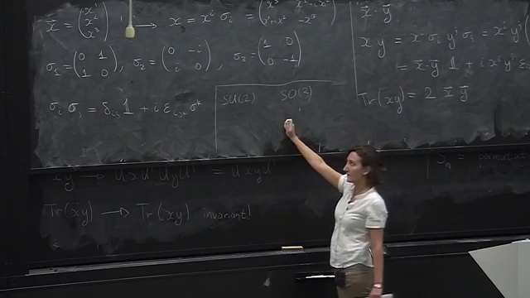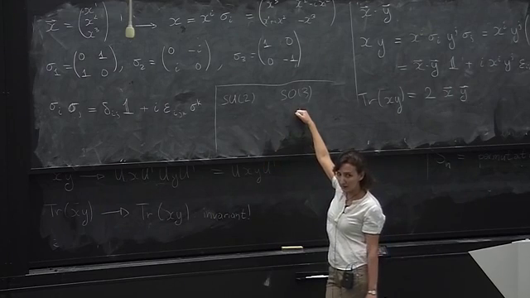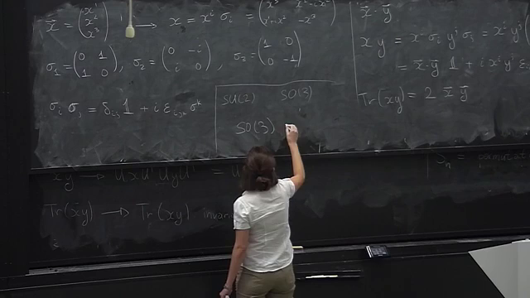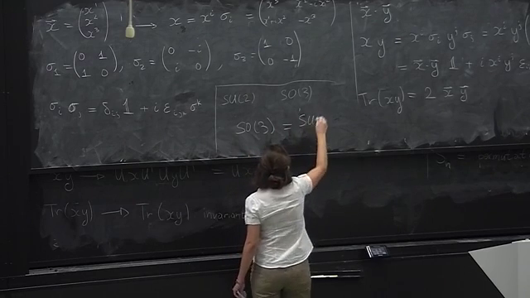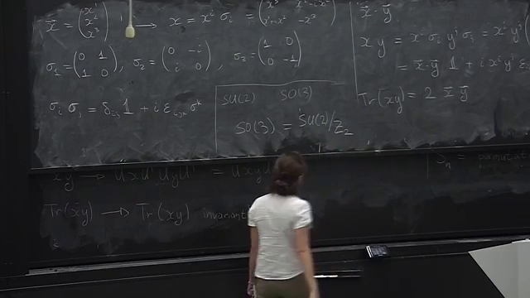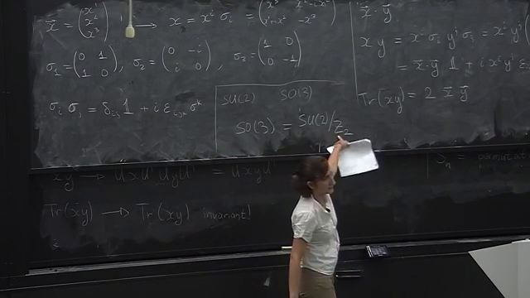This is why we say that SU2 is a double cover of SO3, and we write SO3 is SU2 by Z2, which is just a change from +1 to -1.